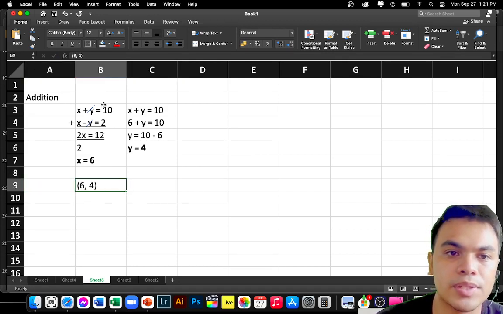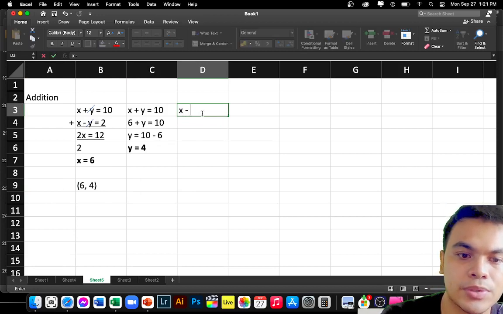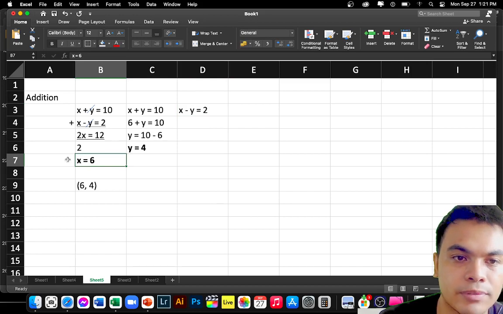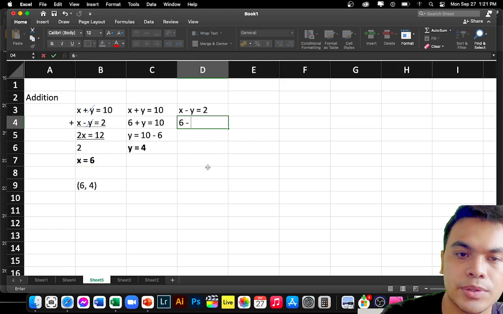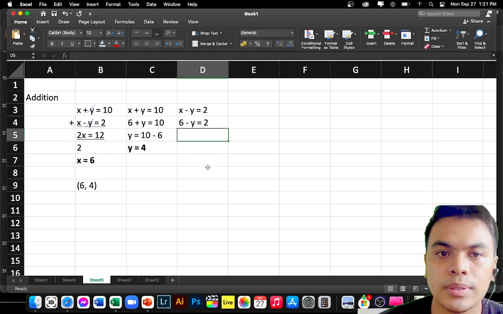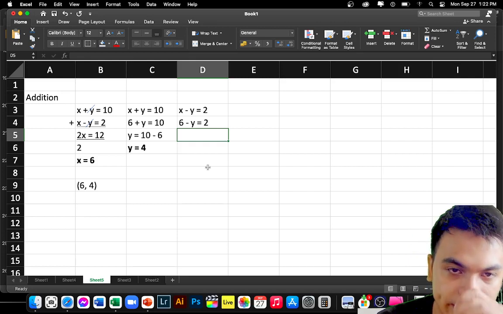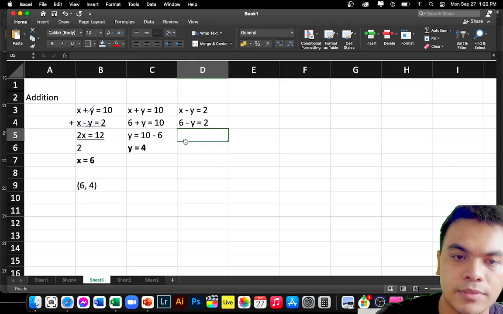Now, let's see if this is true with the second equation. X minus y is equal to 2. Let's substitute again x using our first variable na na-compute. So, that is 6 minus y is equal to 2. Let's transpose y to the other side and 2 to the other side para mag-change sila ng positive, negative.